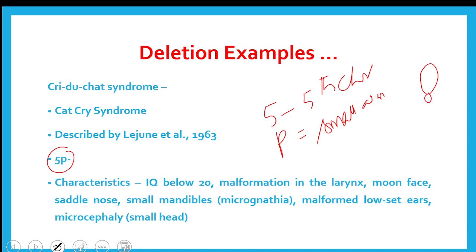The fifth chromosome is a submetacentric chromosome with a small arm called small p and a long arm called small q. So remember, the short arm in a submetacentric chromosome is always designated by small p, and the long arm in a submetacentric chromosome is always represented by small q. Now what happened? Deletion occurred here, in the small p arm of the chromosome.